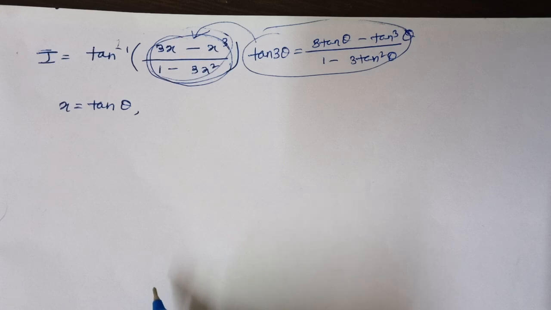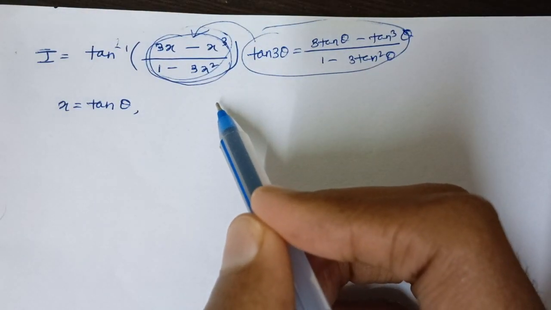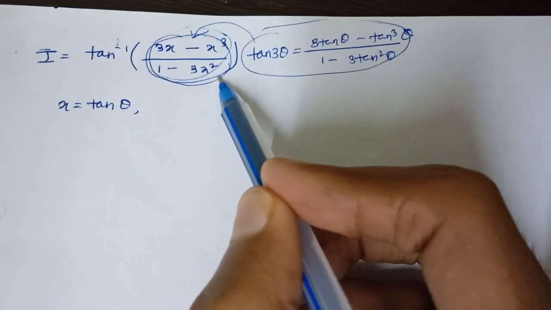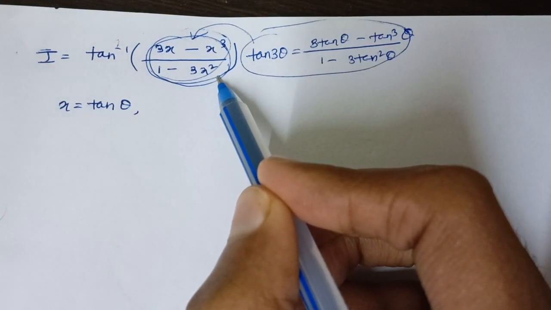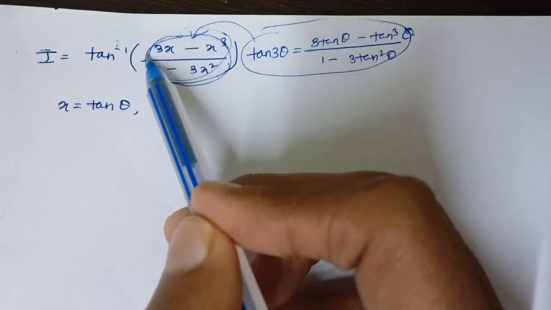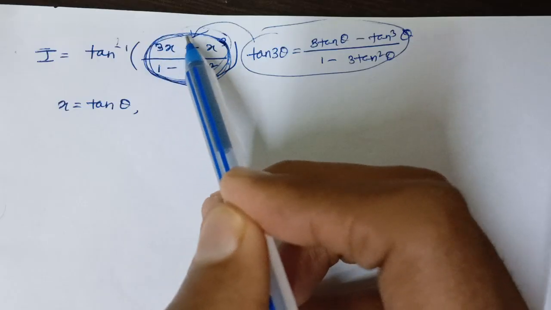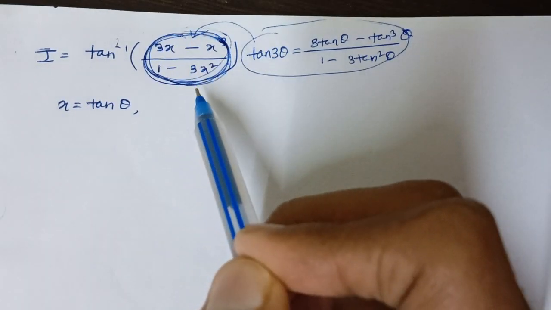Now you cannot do this without specifying where theta will lie, right? So for that we need to know which values of x I can actually put. So basically we have to find the domain of x, the permissible values of x. Now tan inverse poses no constraint whatsoever on the value of the inside thing. Therefore this entire expression can be any value.